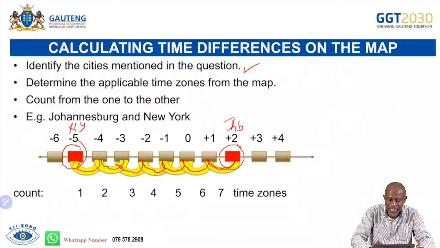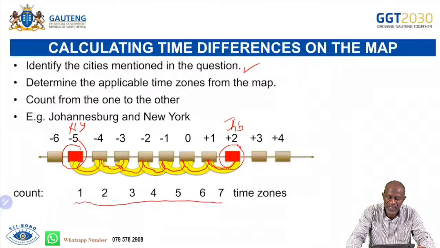So the difference in time between these two cities is 7 hours. As indicated here, we've counted 7 times. So that is the difference in time between these two cities.